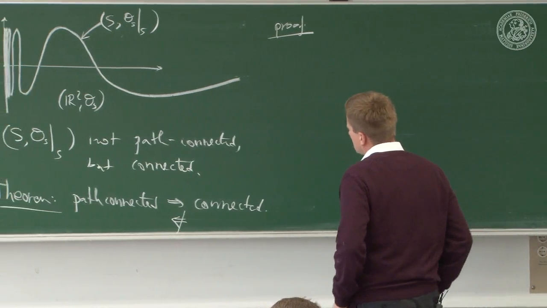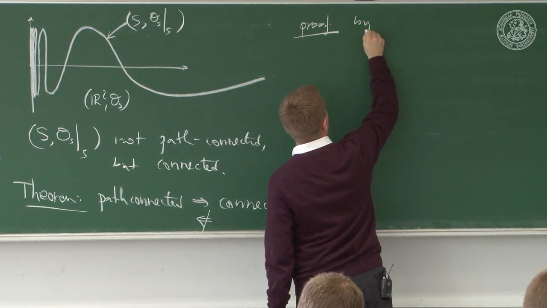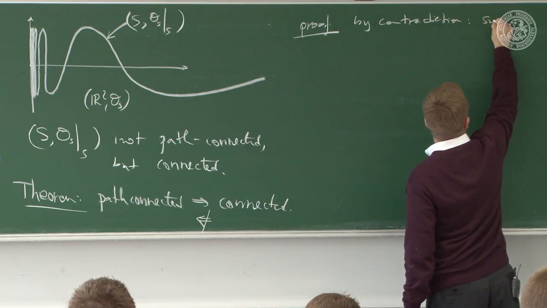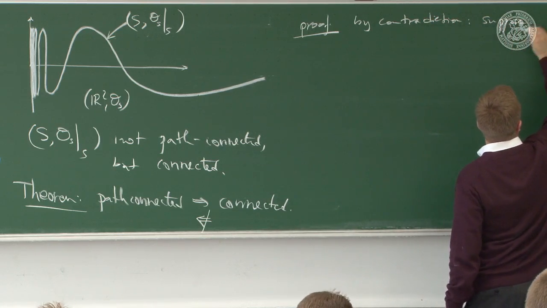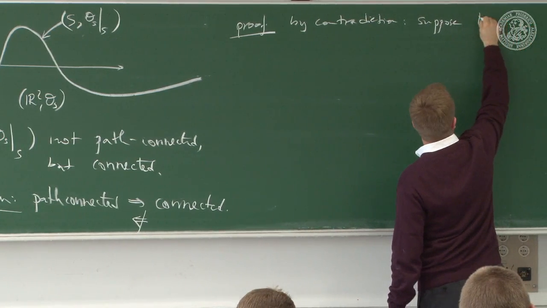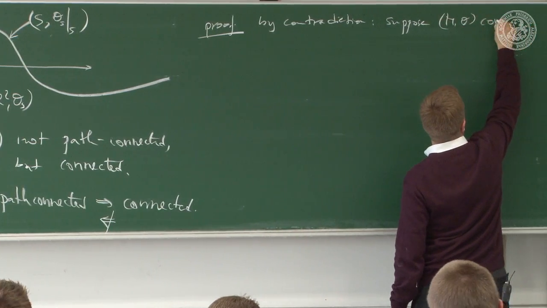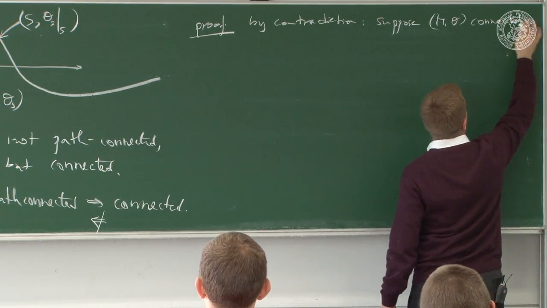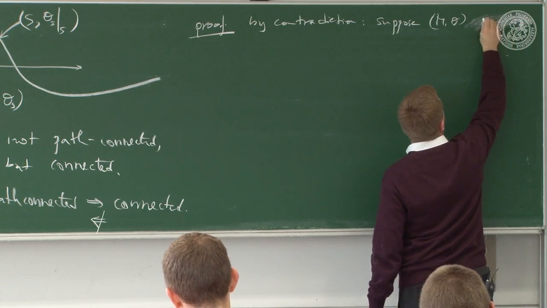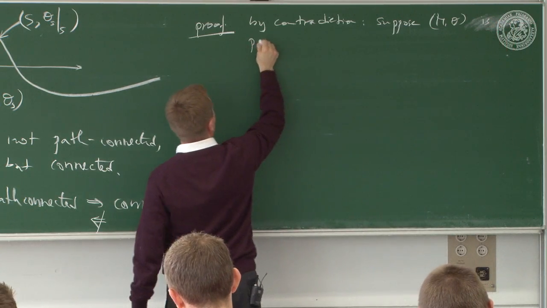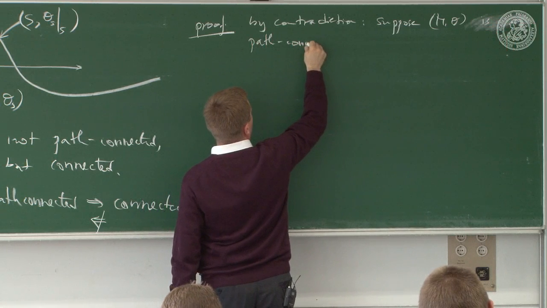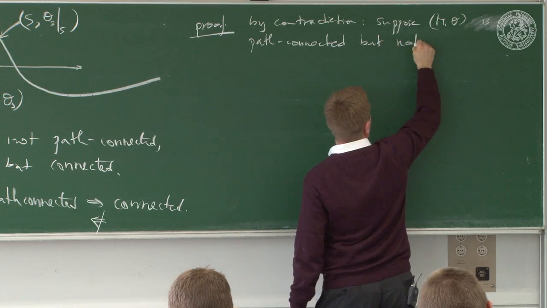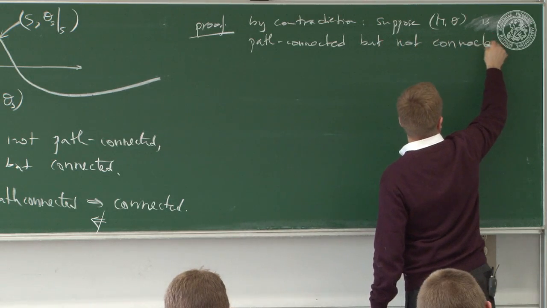So by contradiction, suppose the space (M, O) is path connected but not connected.